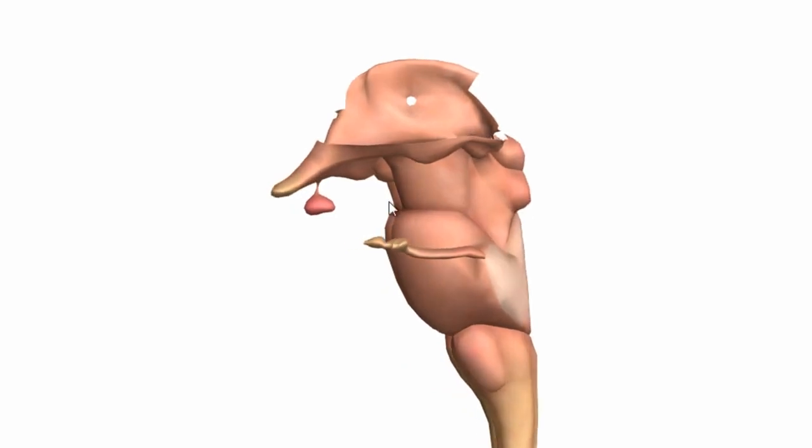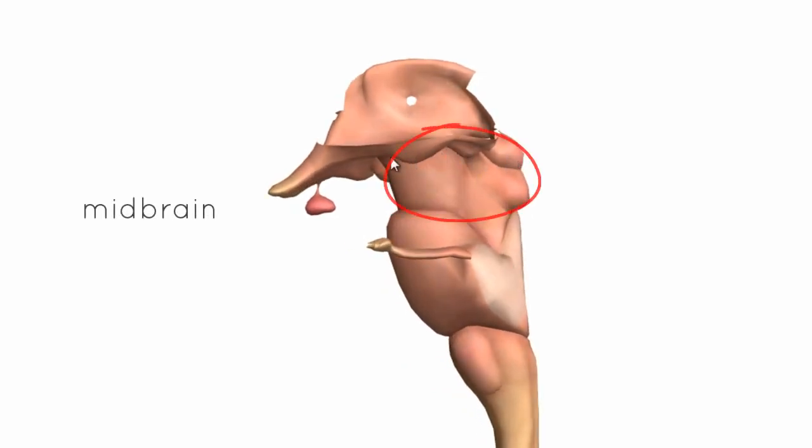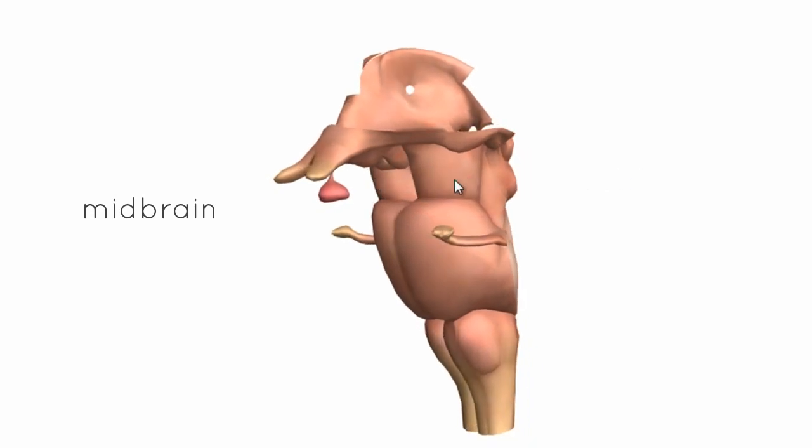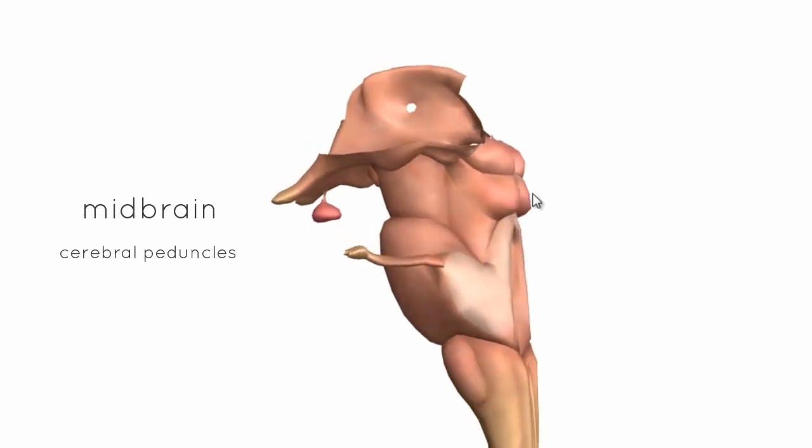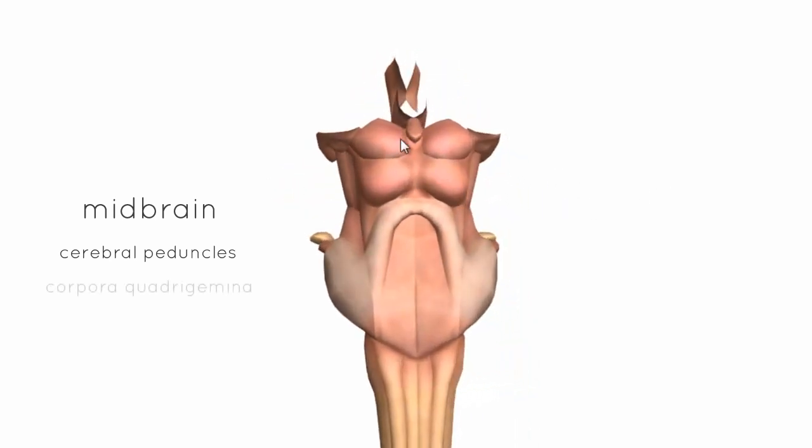So the midbrain is this region here, and at the front you've got these bits which are called cerebral peduncles, and at the back you've got these little hills, and these are called the corpora quadrigemina.